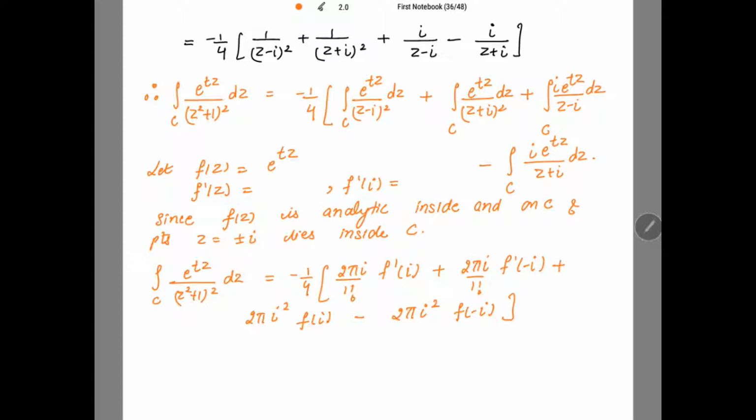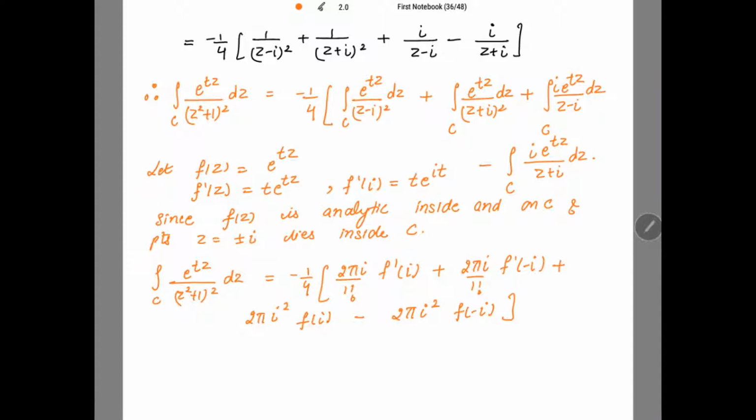So we need f dash z, that is t e to the power tz. What is f dash iota? Sorry, we have to put iota instead of z. So taking z equal to iota, we have t e to the power iota t.